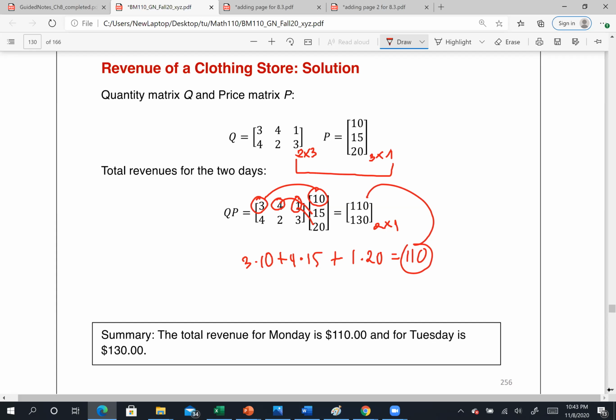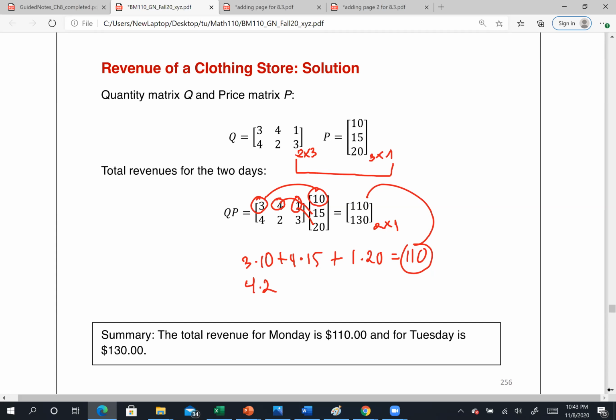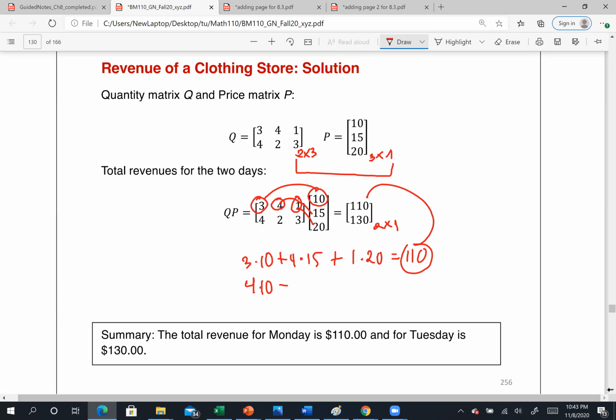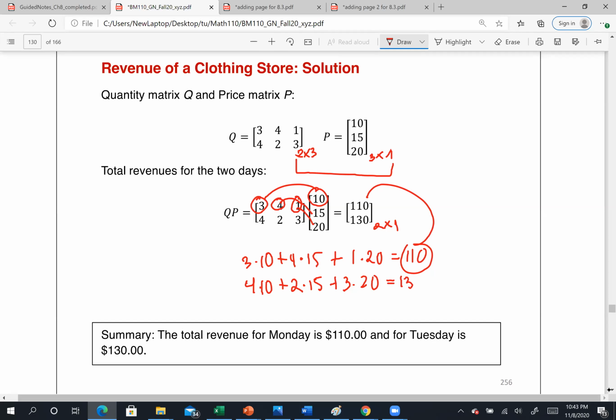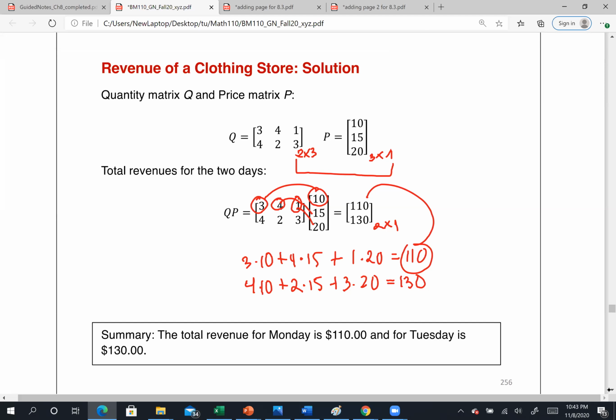Similarly, for the second one, you're gonna have 4 times 10 plus with 2 times 15 plus with 3 times 20, gonna be 130. Okay. So that is the reason why you have the total revenue for Monday going to be $110. Tuesday is going to be 130. Okay.